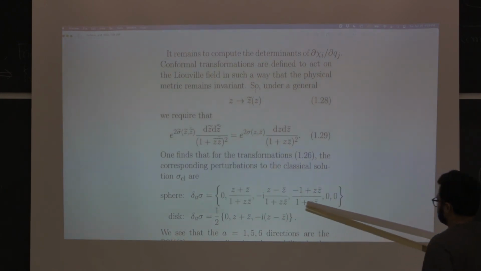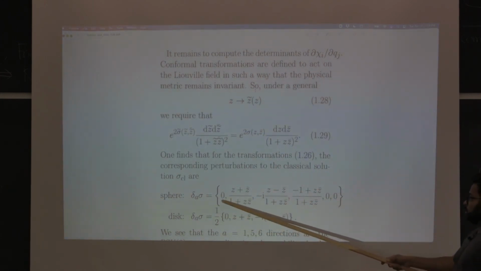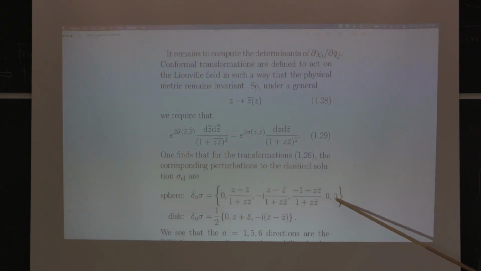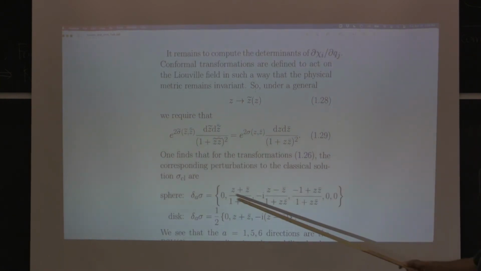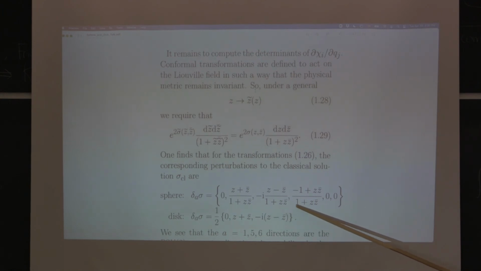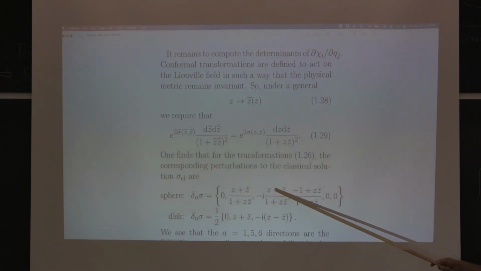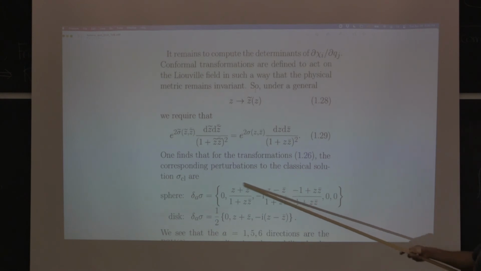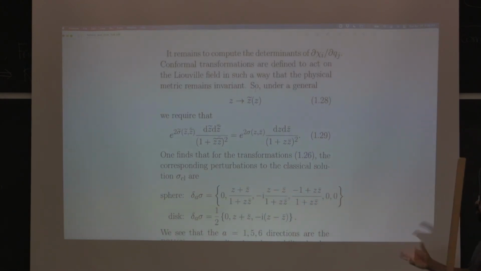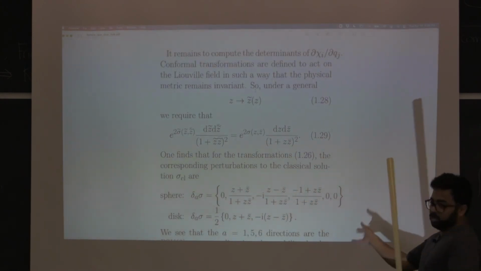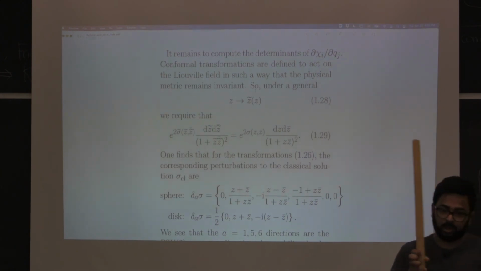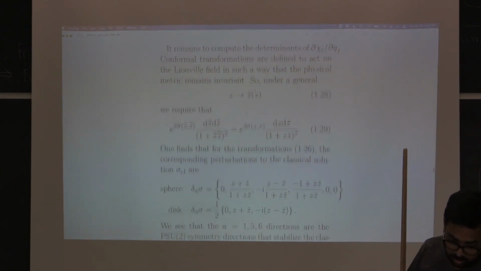So this is how it transforms. The zeros are the ones under which the metric is symmetric. And the other 3, you see, are proportional to the spherical harmonics with L equals 1. This is cosine theta, this is sine theta, and this is the third one. So when you do these geometrical transformations, sigma shifts by the L equals 1 spherical harmonics.